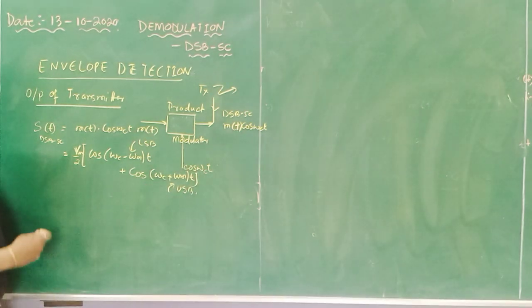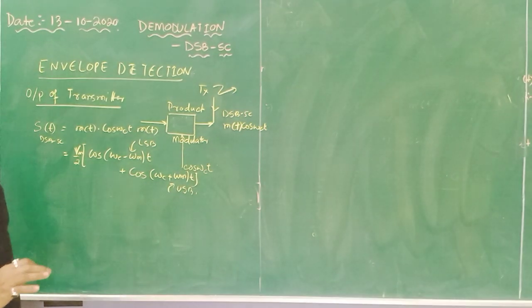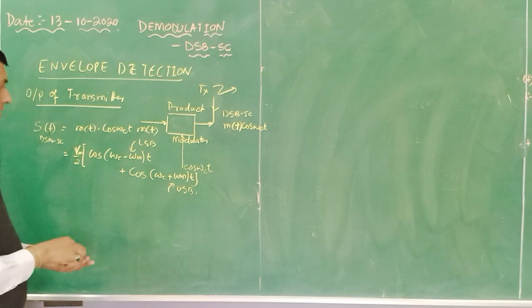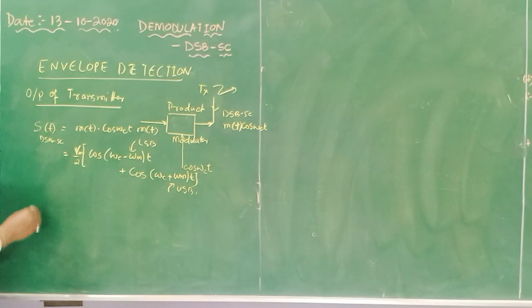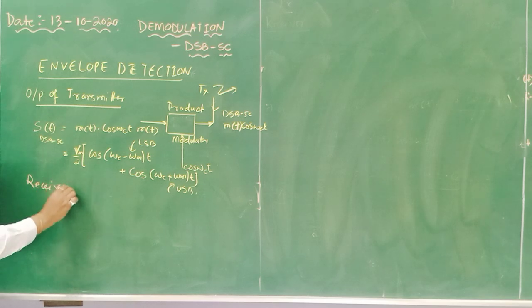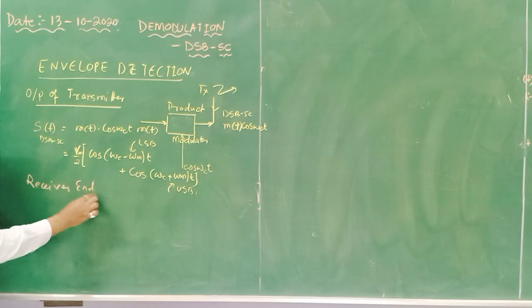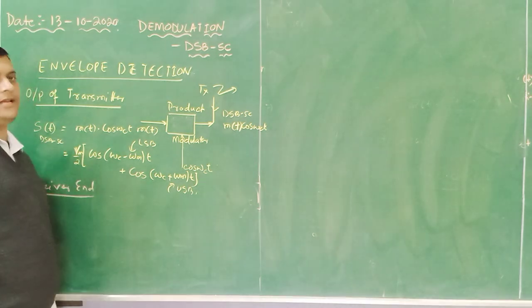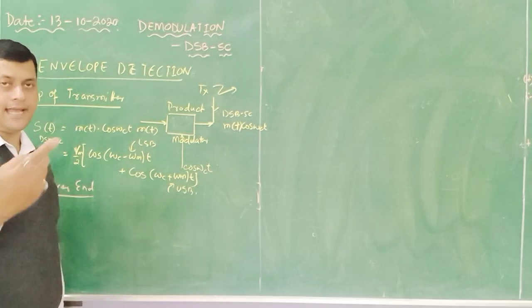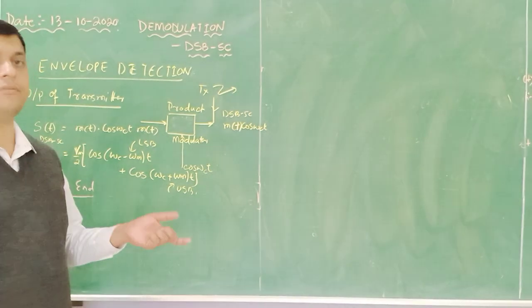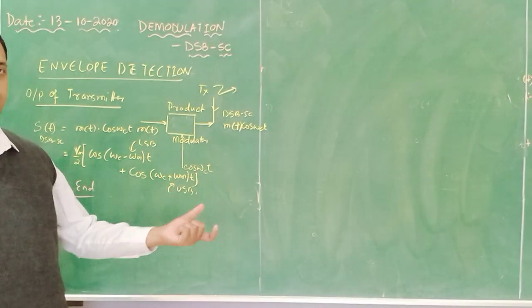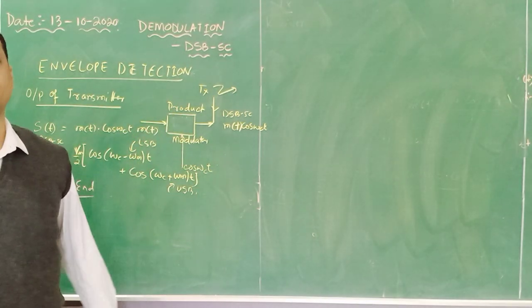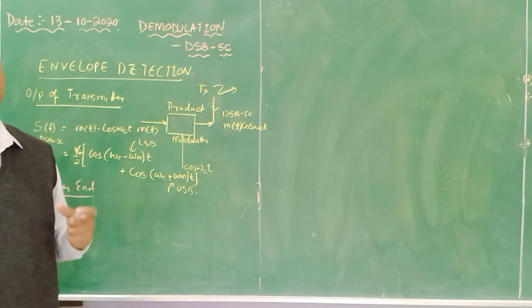So this is transmitted: only the sidebands are transmitted, suppressing the carrier. Now at the receiver end, what happens? We receive this DSB-SC signal, add the carrier component to it, identify the envelope, and from the envelope we extract the resultant output.